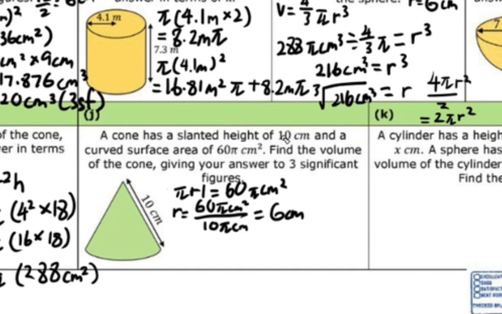Now, the formula to find the volume of the cone is 1 over 3 pi r squared h. So then this would be 1 over 3 pi 6 cm squared and multiply it with 10.